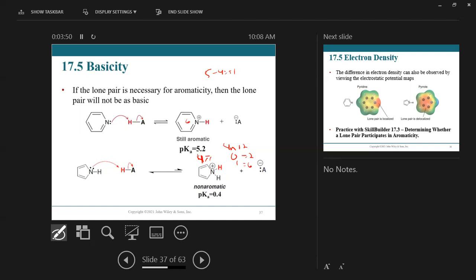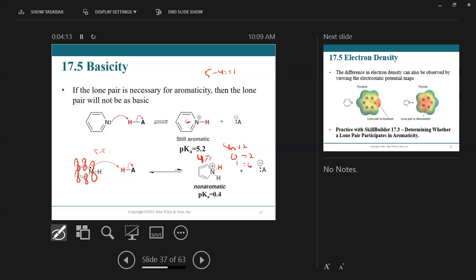This is a better example right here, where we have 1, 2, 3, 4, 5. So 5 minus 5, it's neutral. These electrons are pointing up right here. They're participating in here.